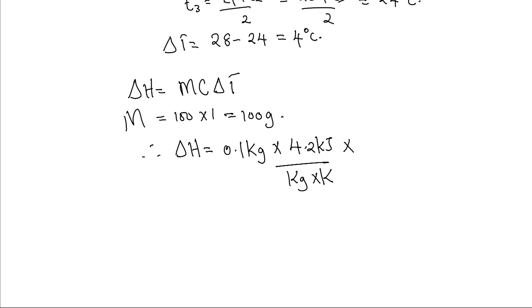Then the change in temperature is 4 Kelvin. That cancels that, and that will give us a delta H value of 1.68 kilojoule.